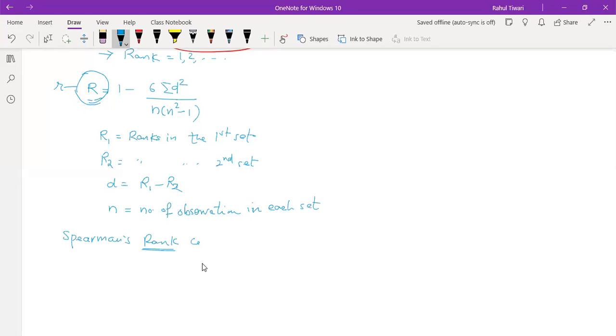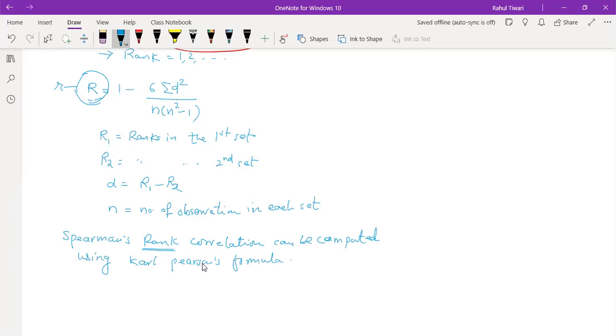The Spearman rank correlation can be computed using the Karl Pearson formula. So one can calculate the Spearman rank correlation formula using the Karl Pearson correlation formula.